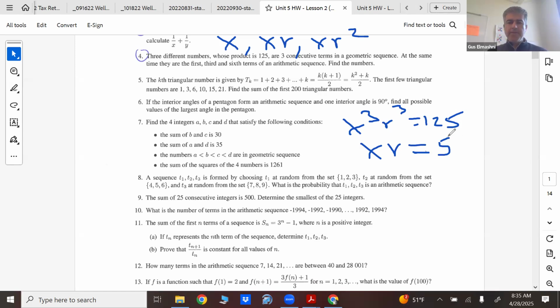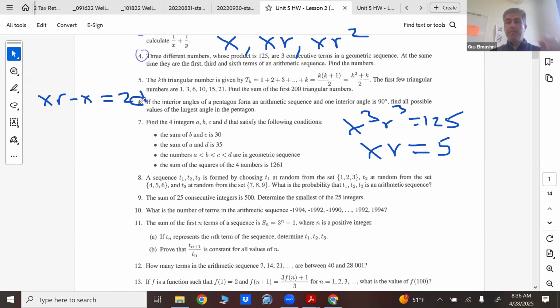I think that's probably the best I could do so far with that. Then at the same time, the first, third, and sixth terms represent an arithmetic sequence. So wouldn't xr minus x equal twice the common difference? You guys agree with that? The third term minus the first term is twice the common difference, because you have to apply a common difference two times to get from the first to the third term.